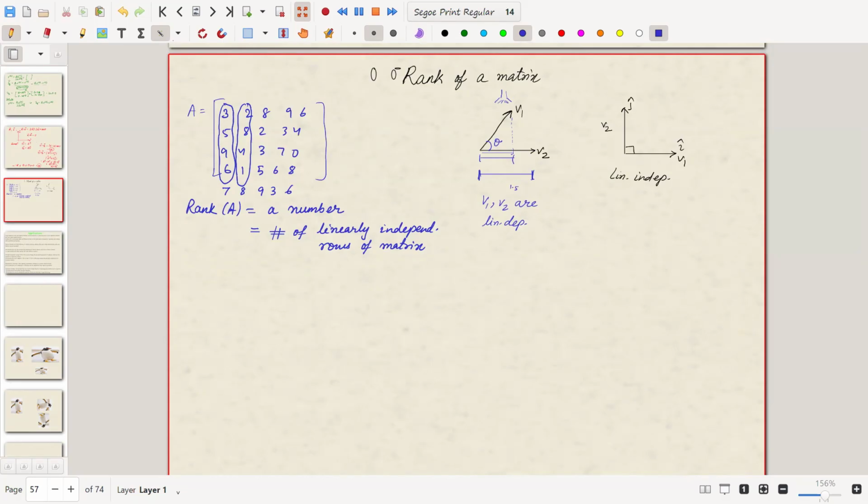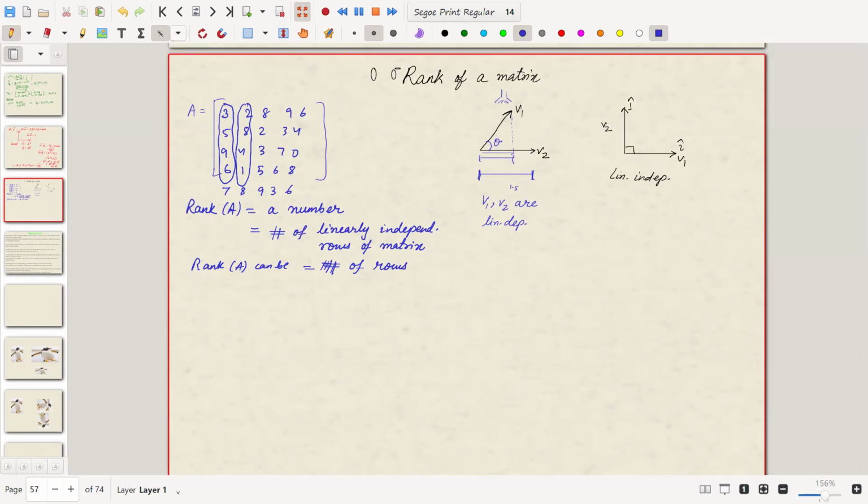So the maximum value of the rank of A can be equal to the number of rows. Here the number of rows is 5, so the maximum value of the rank can be 5. But we don't know yet what the rank is. The maximum it can attain is 5.